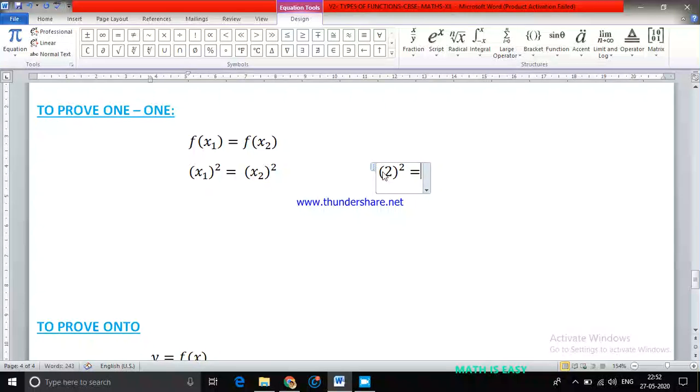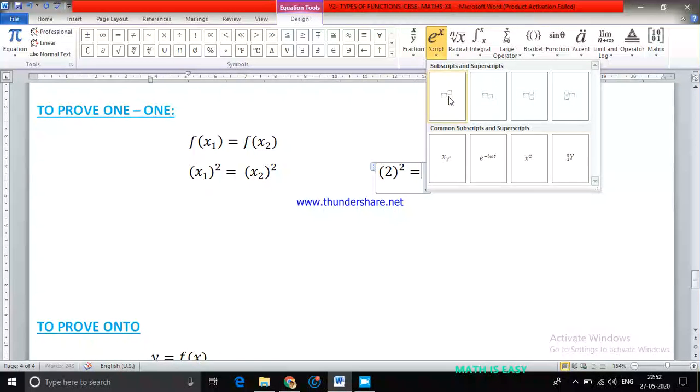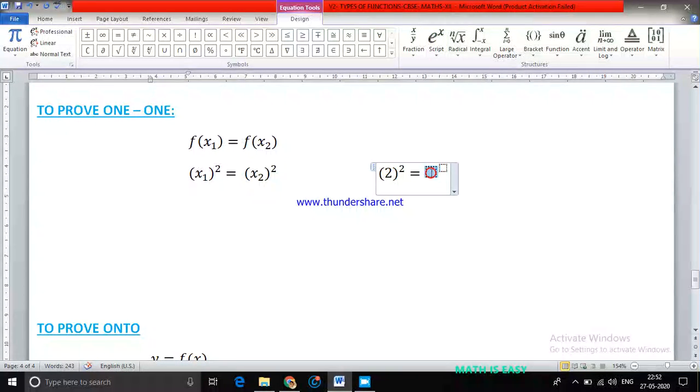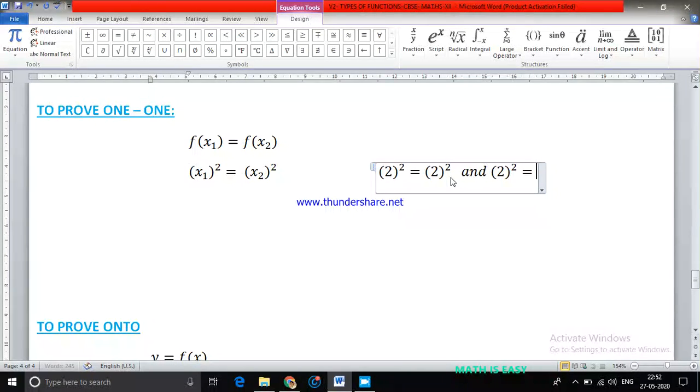Let me put it this way, you'll understand it more clearly. 2 square equals 2 square, both are correct. Do you agree? Now let me put it another way. Is this also true? 2 square equals minus 2 square.